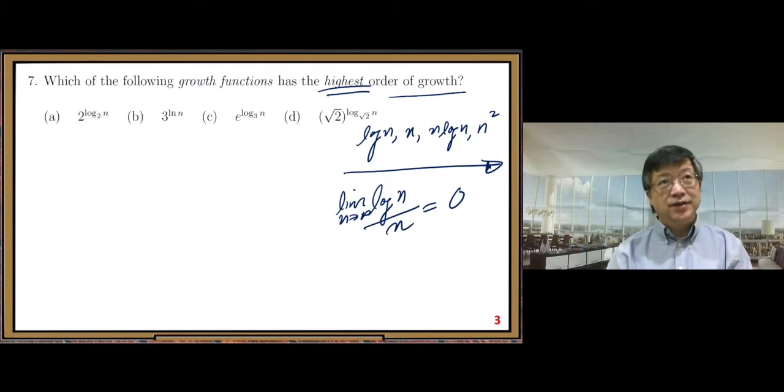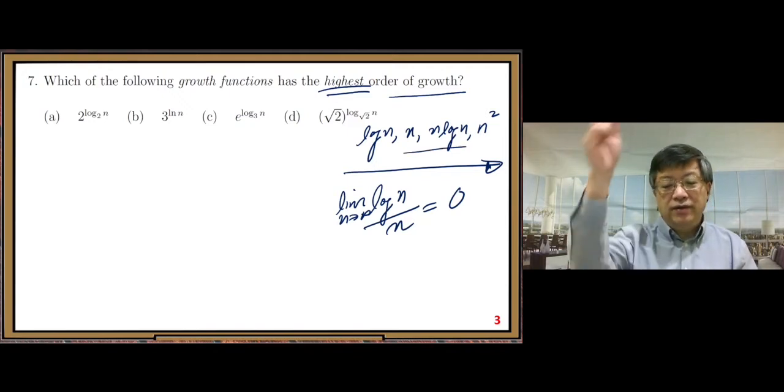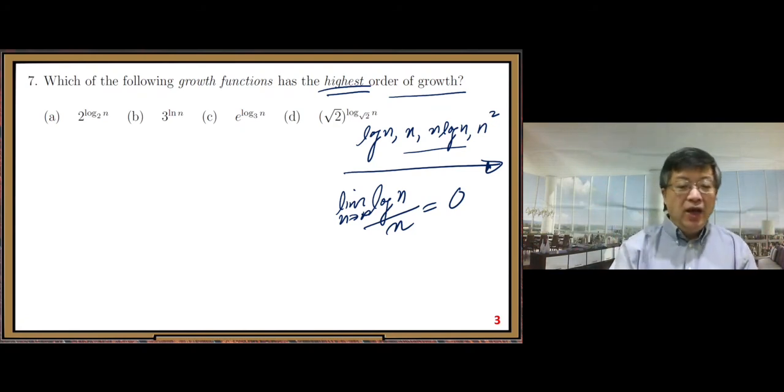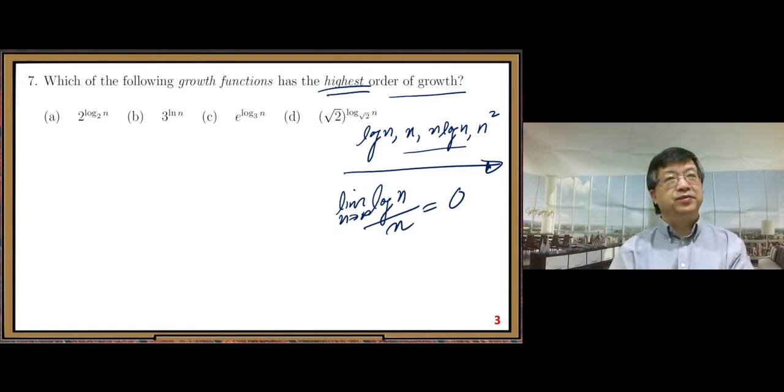So that means it has slower order of growth. Then n has slower growth order than n log n, which is slower than n squared. So that's the basic meaning. Here we want to compare the growth order for these 4 functions.